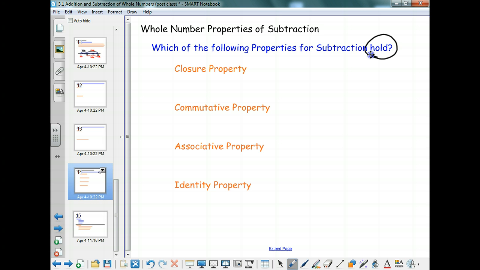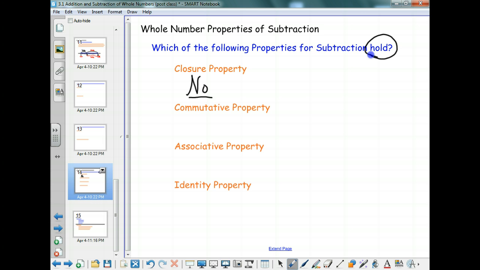So they don't hold, they're actually not true for whole numbers with subtraction. All right, so closure property. Does that property work with subtraction? Warren says no. Wait, I think I am wrong. I think I was confusing myself. It's okay. Do you remember what the closure property said? Because if we do 3 minus 4, then it'd be negative, right? Right. The closure property does not hold.